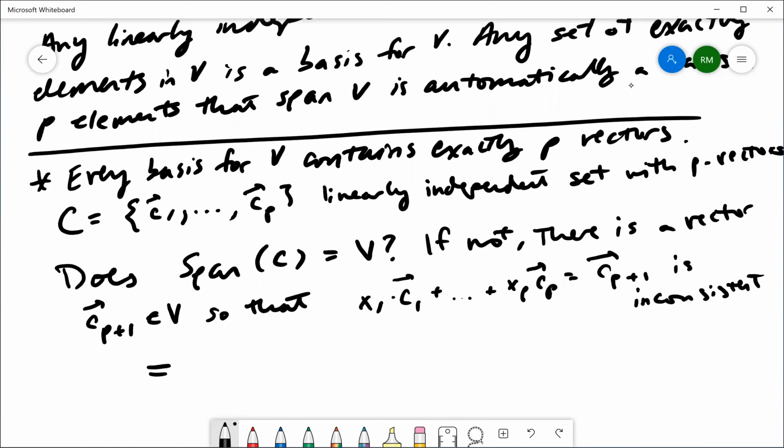So what that tells us is that the set, if I include this new vector in it, is a linearly independent set.